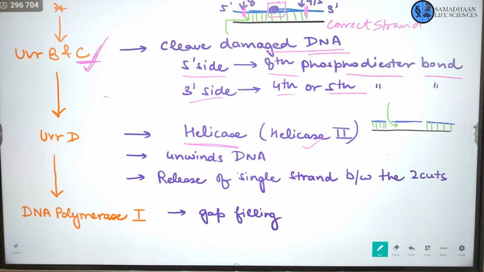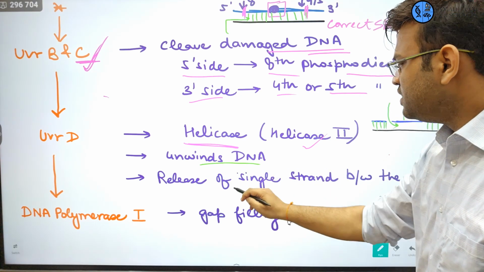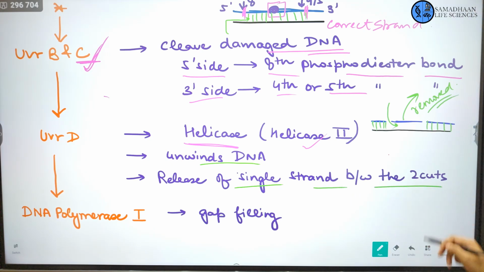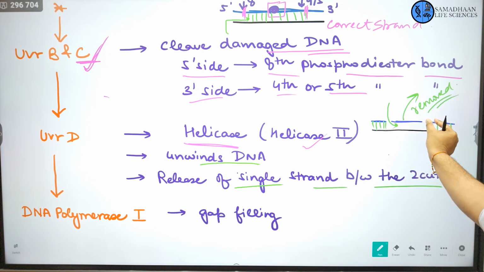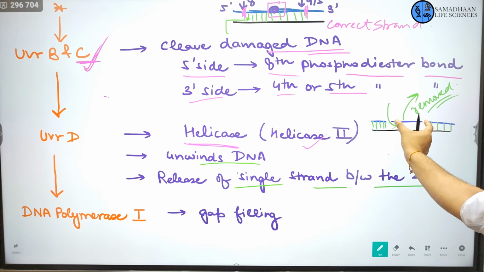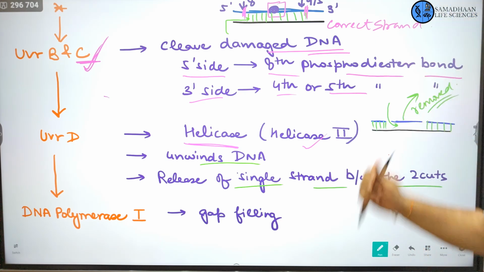Since the hydrogen bonds have been broken, the lesion would be removed easily. So it would unwind DNA and release the single strand between the two cuts. This was one cut, and this was one cut. Between the two cuts, the region would be removed.